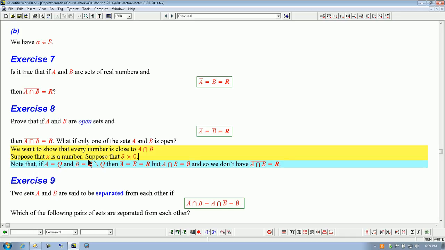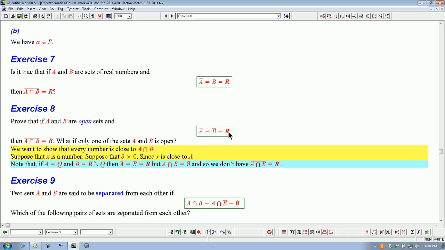Right. Since x is close to A, how do you know? How do you know x is close to A? Well, you have been given the information that every number is close to A. Well, my number is also close to A. See? If I told you every person in this room is a millionaire, it would be very nice because then I could conclude that I'm a millionaire.